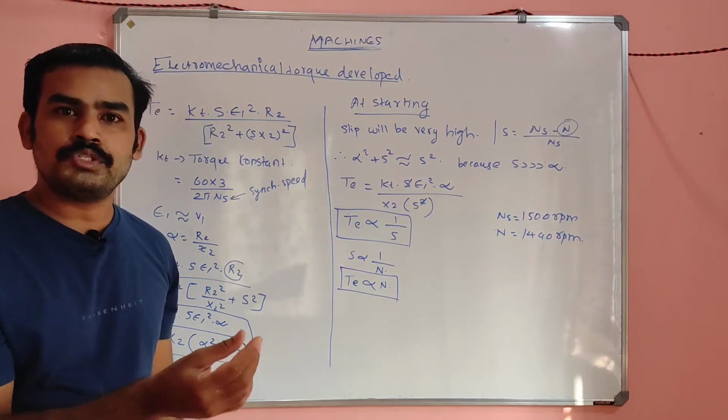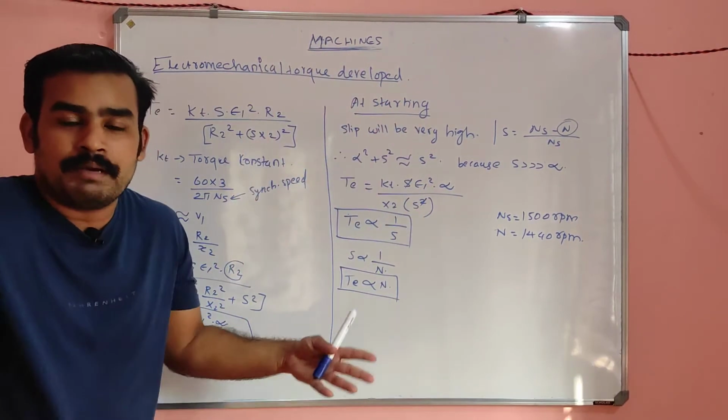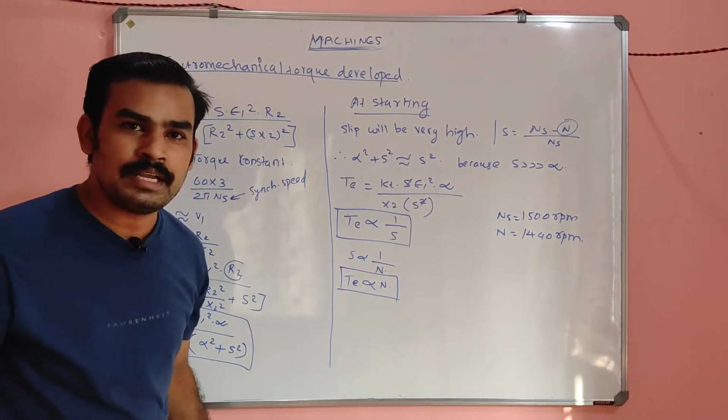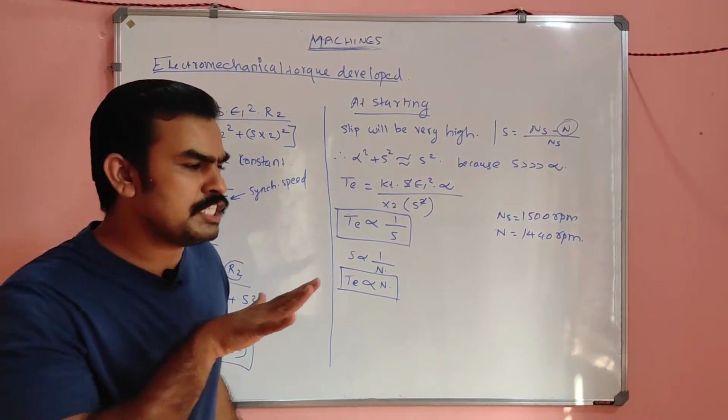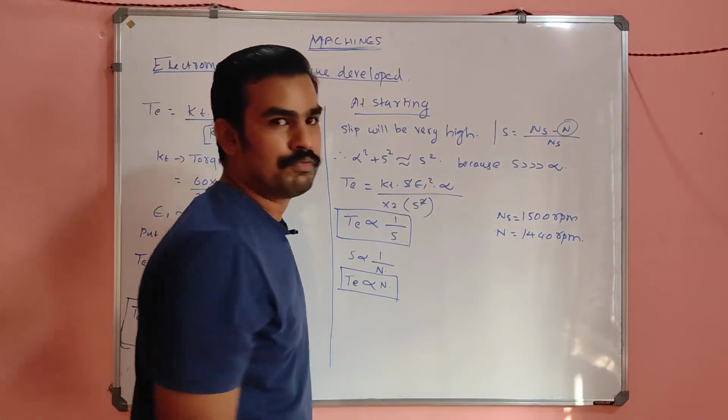It will happen in 2 or 3 or maximum 5 seconds, depending upon the capacity of the machine. So at that time, the speed is very much fluctuating, because it is going from 0 speed to 1440 rpm.